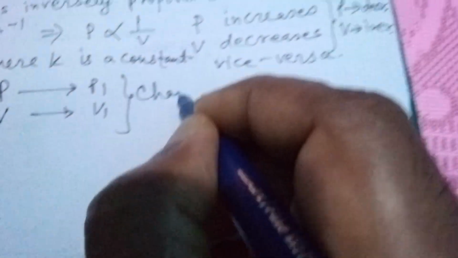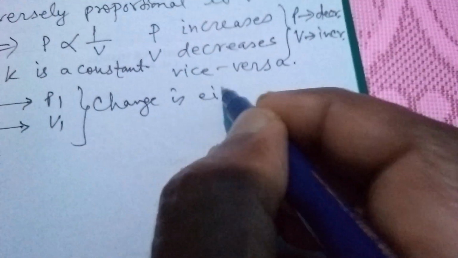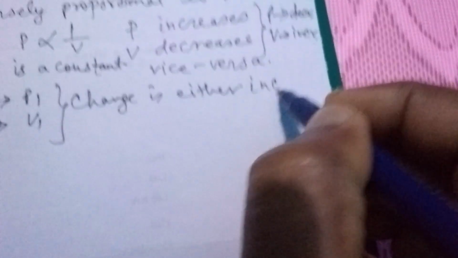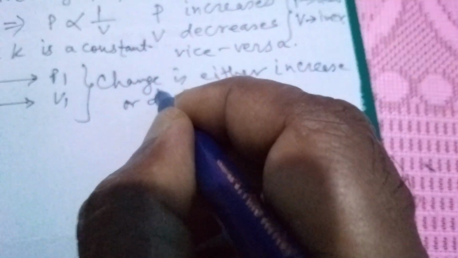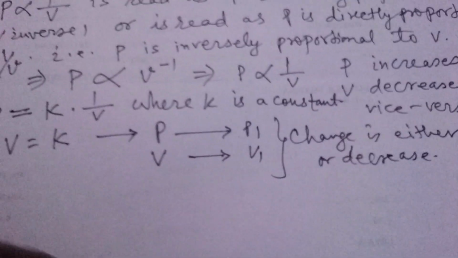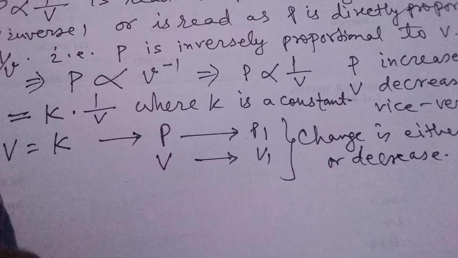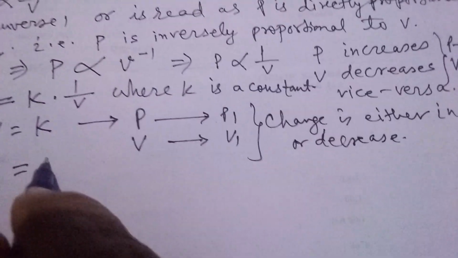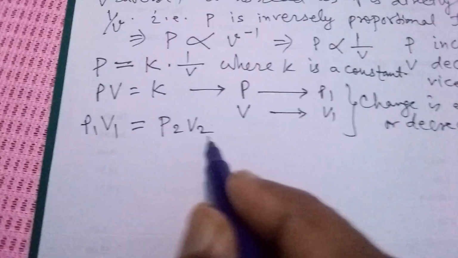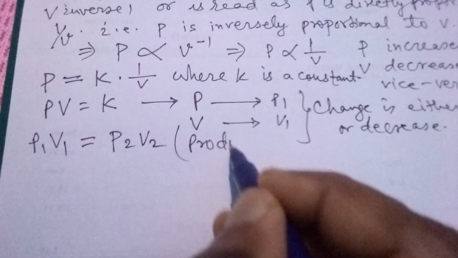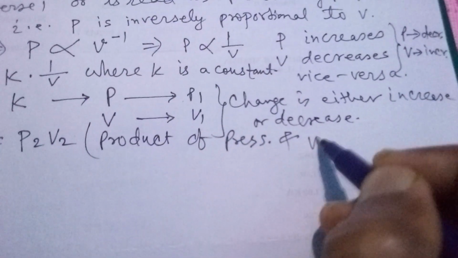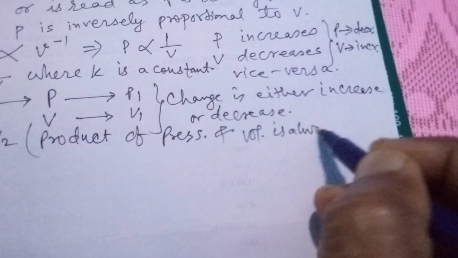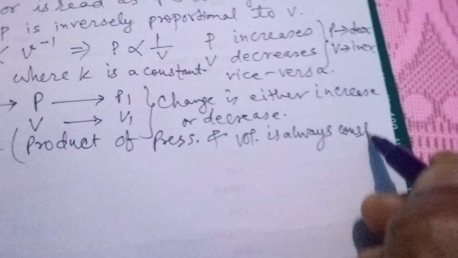This change is either increase or decrease. In any way, this change can take place, and that's why P1 V1 becomes P2 V2. That means their product is always constant. Product of pressure and volume is always constant. Constant means fixed. Same.